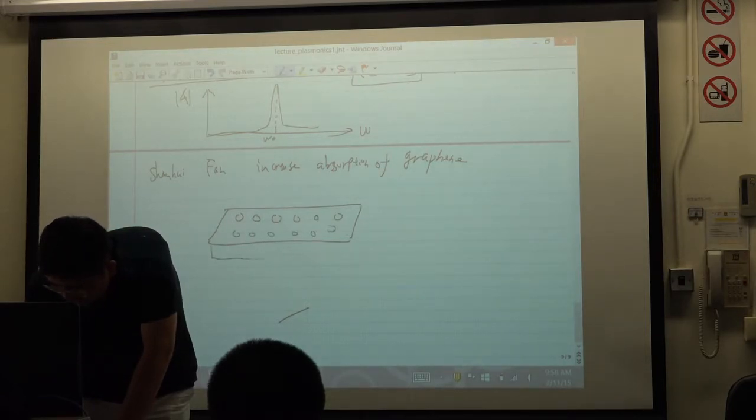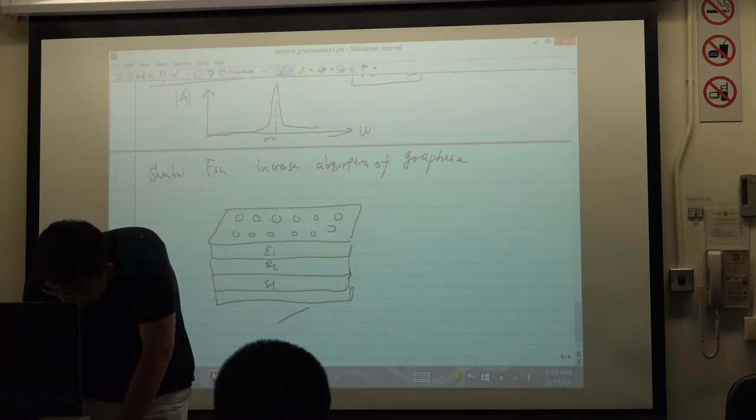Then they put a DBR. This is a DBR, a distributed Bragg reflector.